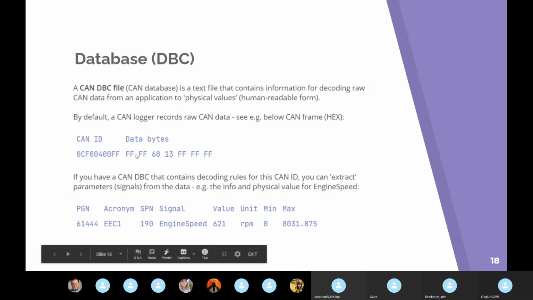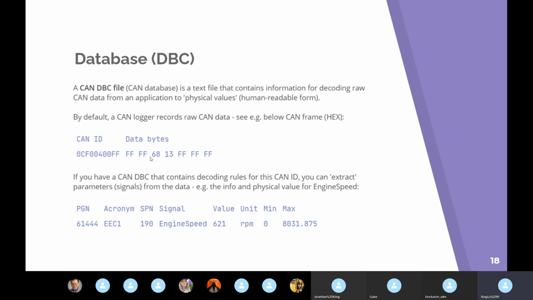The way that the data is going to be set up will be predetermined, and every device will be able to know and encode or decode it.